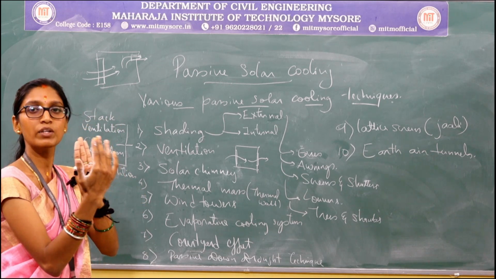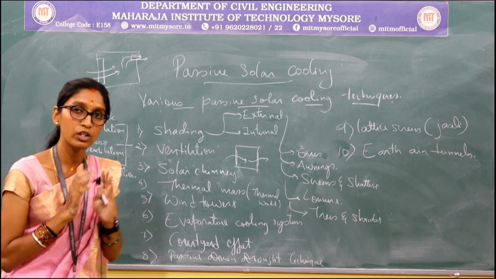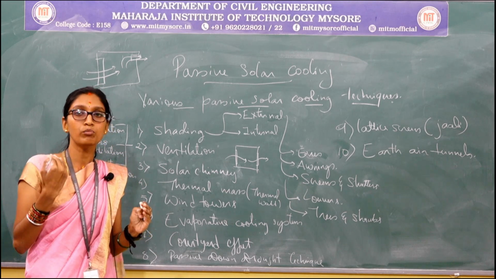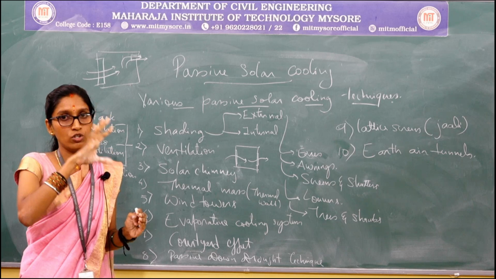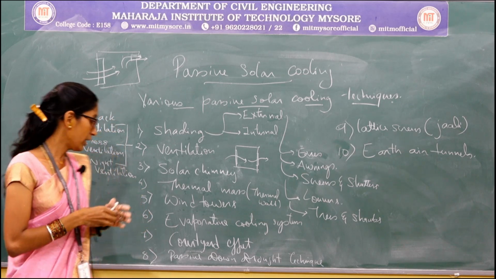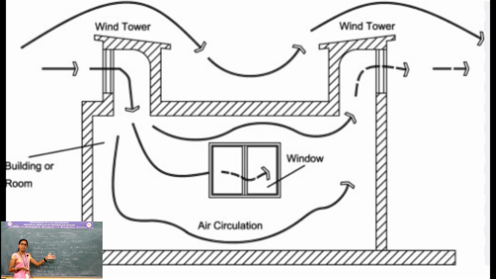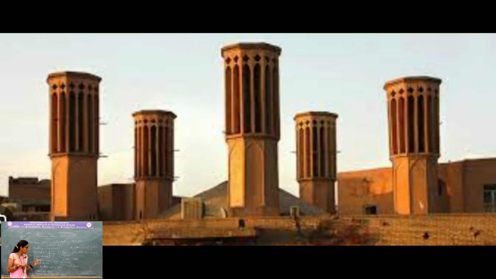So greater dimension openings are utilized in order to have good air movement in a particular structure, that is your wind tower, right? So in the image which has popped up, you can see how the wind movement takes place, how exactly the wind towers are constructed, and how the openings are present in your wind towers, which facilitate the capturing.